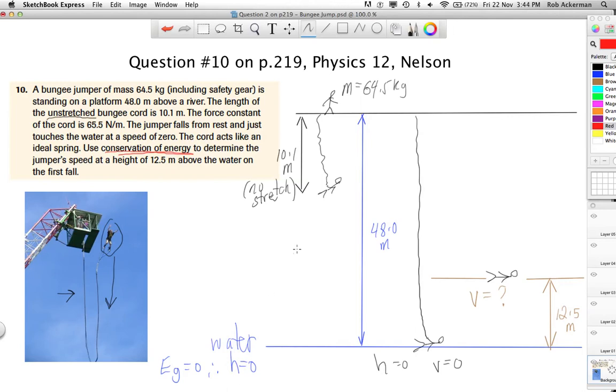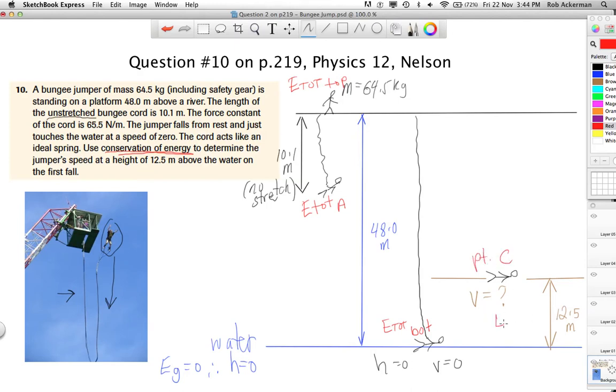So basically, what they're saying is the following. E total at the top, let's call this point A, is equal to E total at the bottom, and let's call this point, I don't know, call it point C, let's say.